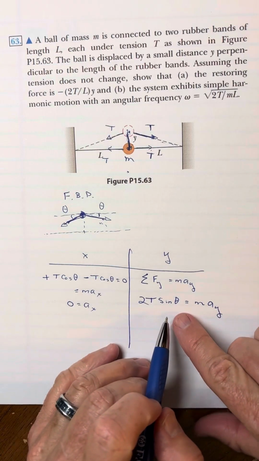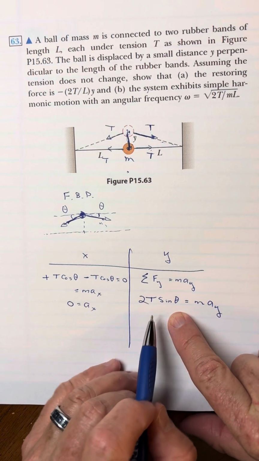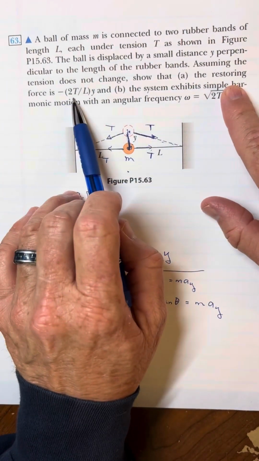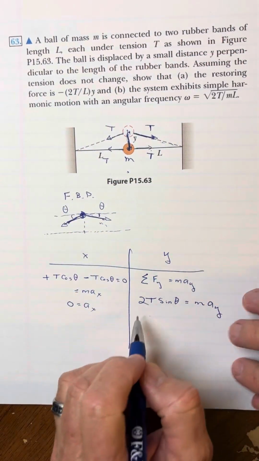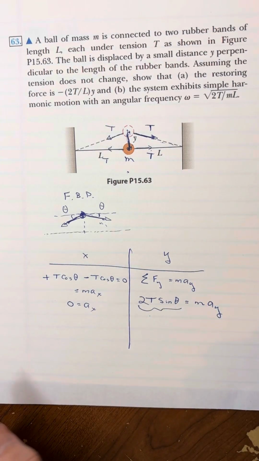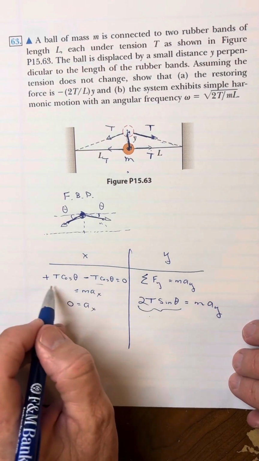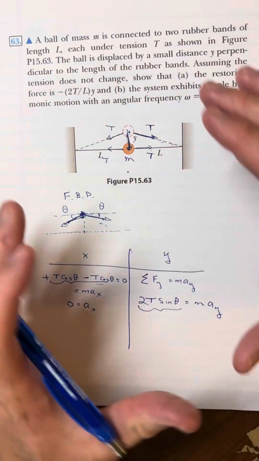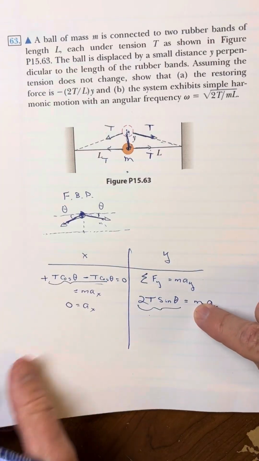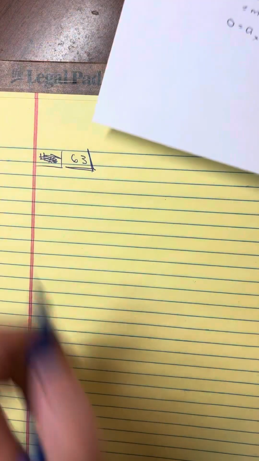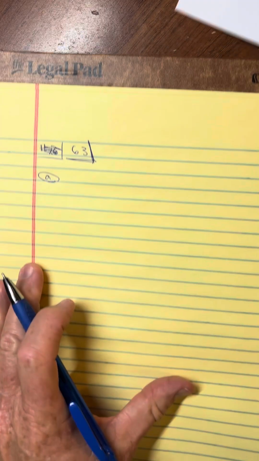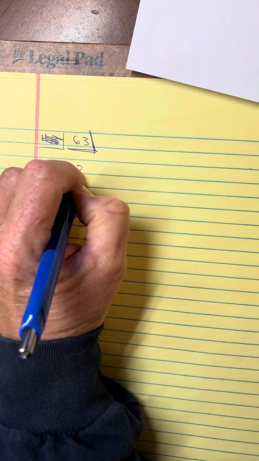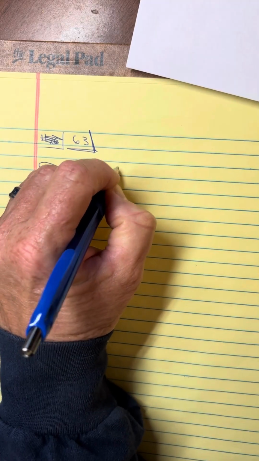I don't think I have to solve this yet, maybe in part B, but that's why in A they say the restoring force, the force that's bringing it back. That would be just that piece of it. The x components canceled completely and went away. They're not restoring anything. This is the restoring. So I guess A, the restoring force, would be 2T sine theta.